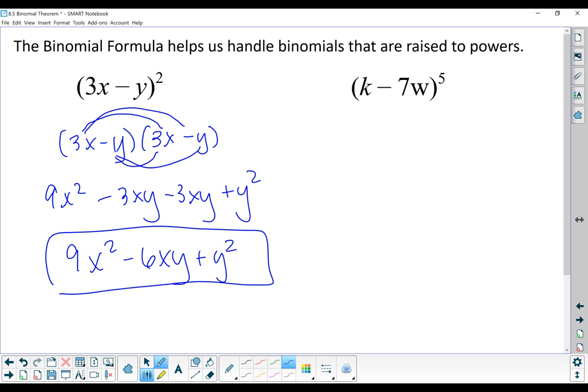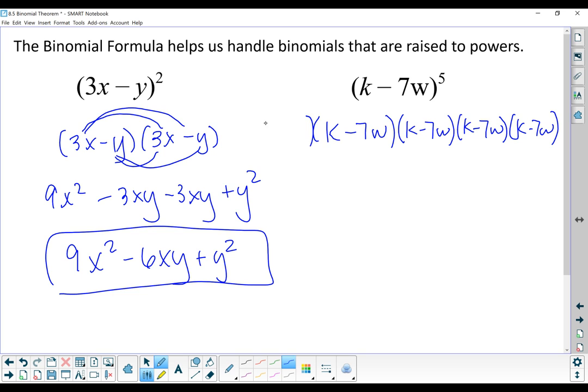If you have a higher power than 2, though, that starts to become very tedious. If we had this to the 5th power, that means we have 5 of those k minus 7w binomials that we need to multiply together.